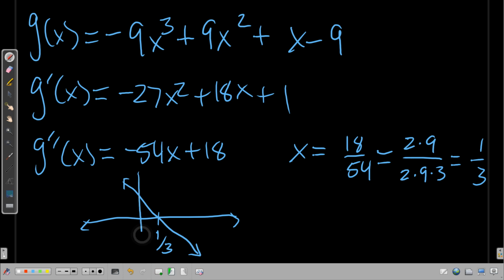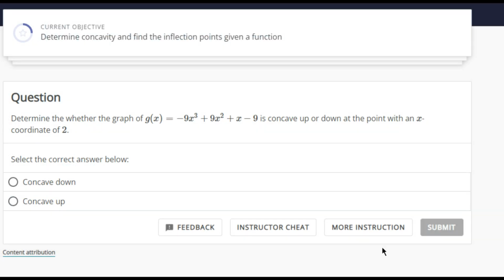This would be the graph of that line G double prime. And that's just telling us that the concavity is positive here, but it's negative over here. So it's concave down there and it's concave up over here. And at the x coordinate of 2, 2 is living over here, so it's concave down when x is 2.